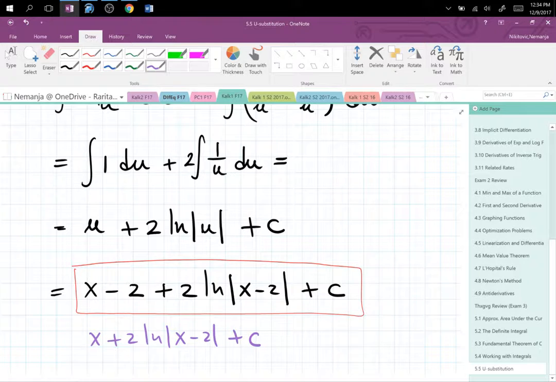So if you're checking these things online with software, and your solution differs from the solution that the computer gives you by adding or subtracting a number, it's absorbed in a constant. So that's okay.